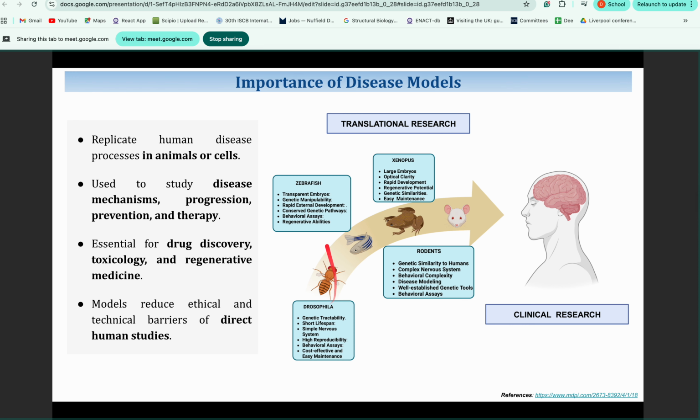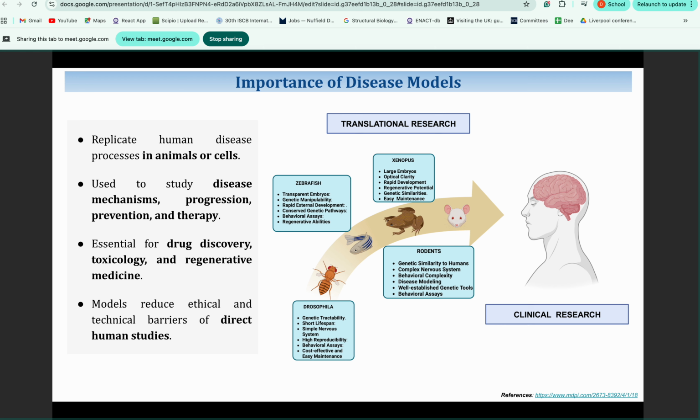We have different model organisms such as zebrafish, and there are certain advantages of each of these model organisms. If we start with the zebrafish, it has transparent embryos. That means whatever we are doing with its embryos, we can directly see, because they are transparent. Then genetic manipulability: we can manipulate their genome and make changes.